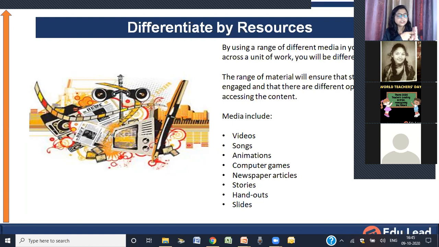Resources. So that's 8. What am I missing out? Support. Yes, differentiation by support and by questioning. So these are the 10 different ways by which we can differentiate.